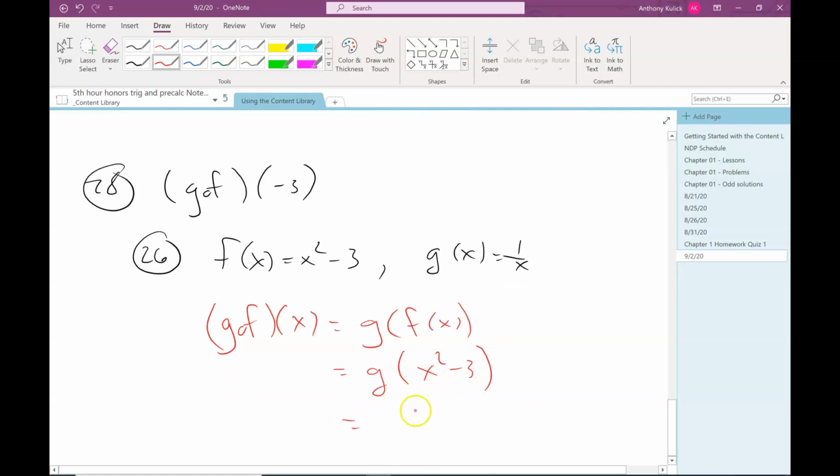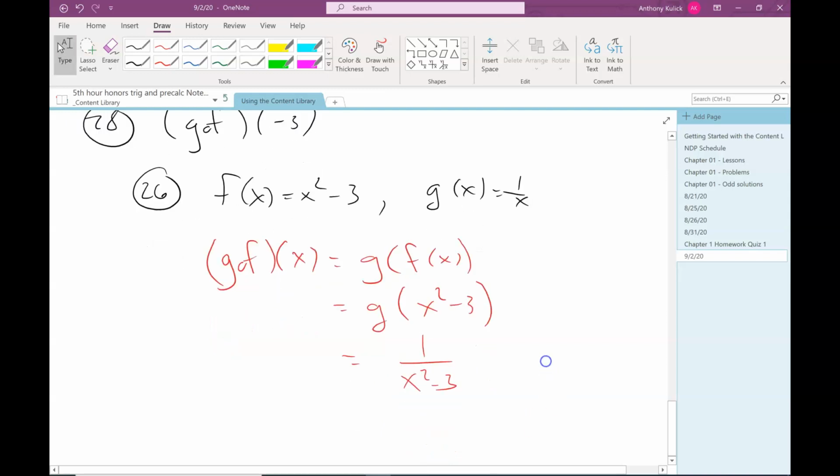And then I will plug that expression into the function G. So I have here. Okay. So that's 26. Now if I want to do G compose F of negative 3, all I'm going to do is plug negative 3 into that function. And when I simplify that down, I just get 1 over 6.